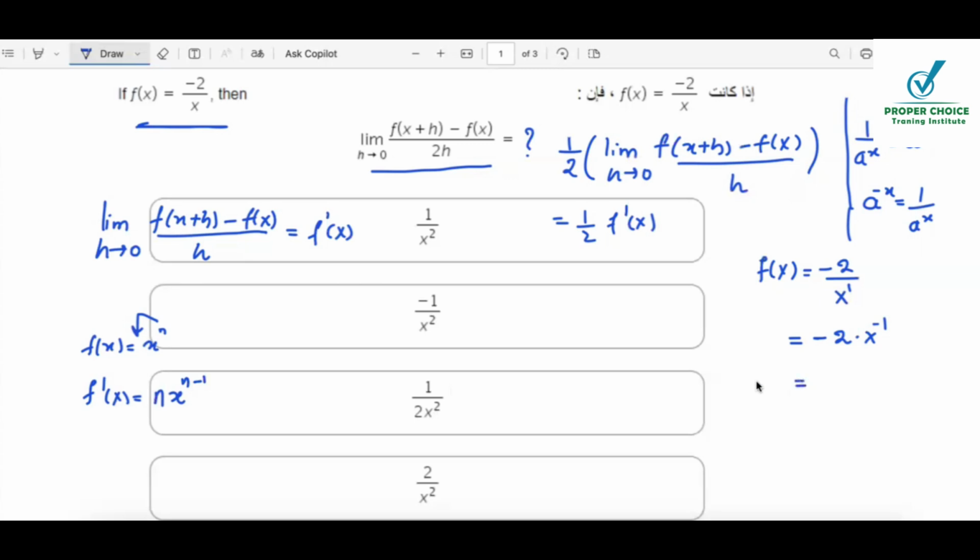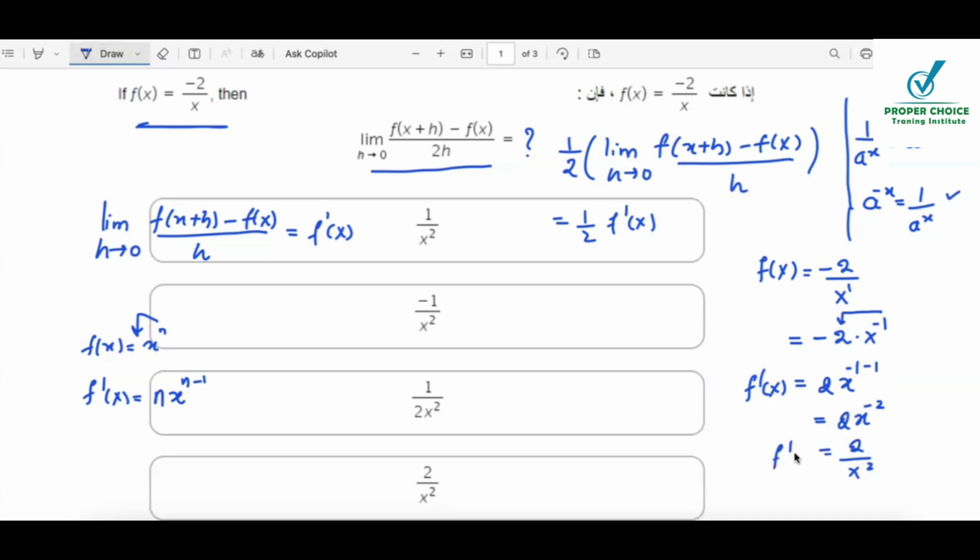Same thing I'm going to do here. f dash of x, that is the first derivative, is whatever the power, bring it in front. If there is any number, multiply them. Minus 2 times minus 1 is going to be 2. Then x to the power minus 1 is already there, it's like the value of n. Subtract 1 from it. So this turns out to be 2x to the power minus 2, which can be written as 2 by x square.